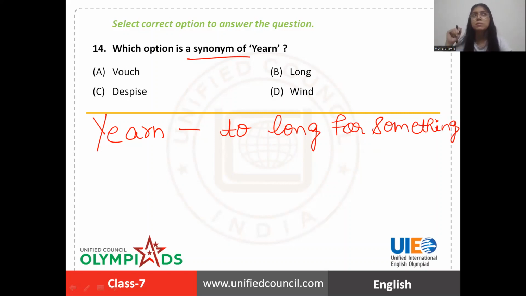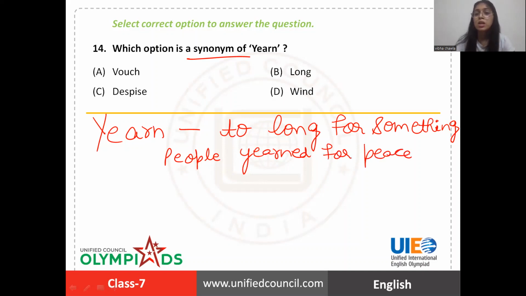For example, people yearned for peace. So you can frame a sentence like this. People yearned for peace means they wanted peace, they had this desire for peace. I think you got the answer. I told you the meaning, to long for something. So the right one is option B.